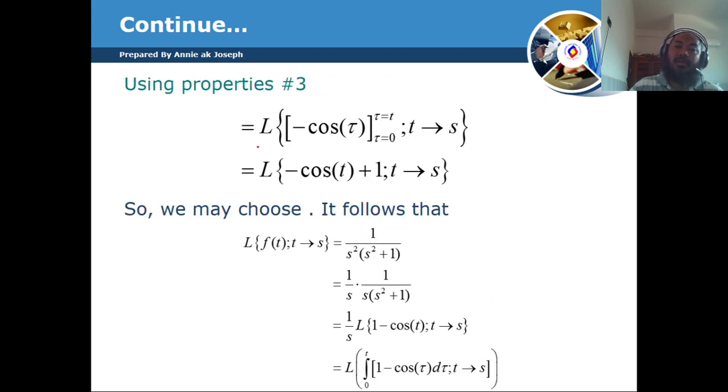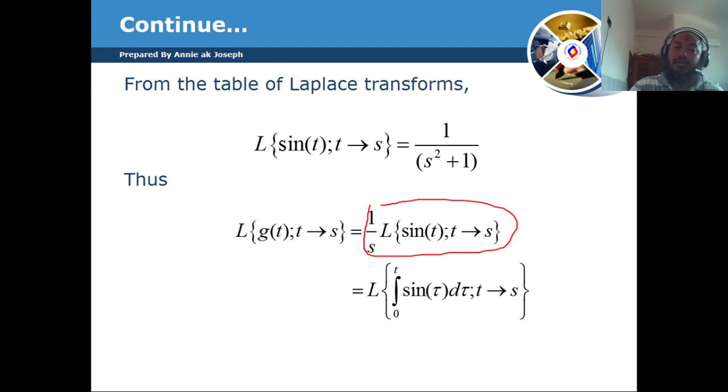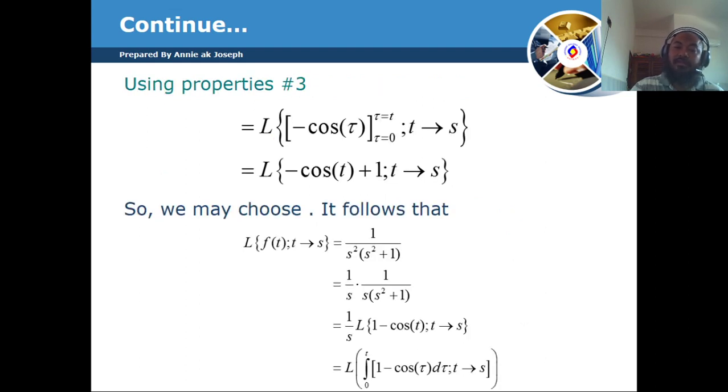Okay, so now we do the integration of this sine. The integration of sin is minus cos, so minus cos tau evaluated from 0 to t.